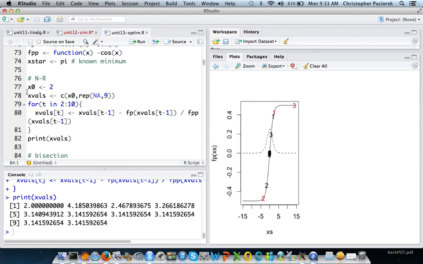And we can see what happens. Well, it starts at 2. We know 3.14 roughly is the minimum. So it looks like it overshoots and goes over to 4, so it crosses over. Then it comes back, then it overshoots a little bit. But by the 6th iteration, we're already at 3.14159, which is essentially what pi is.